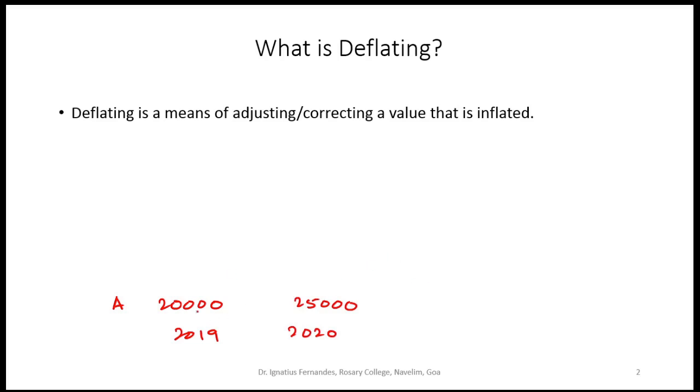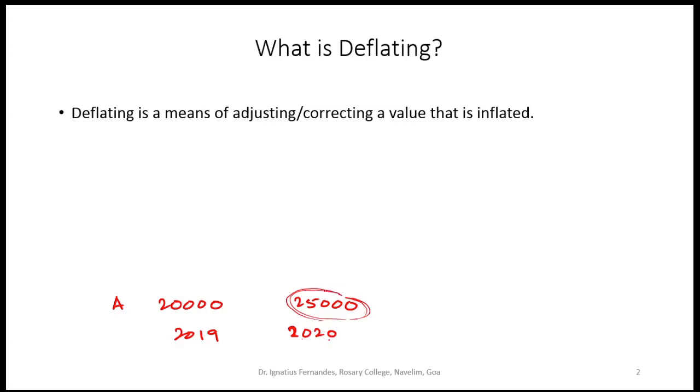While we say that his income has increased from 20,000 to 25,000, we cannot really say his actual income is rupees 25,000, because from 2019 to 2020 even the prices have changed, the inflation, prices have increased. So if I have to really find out the true income of this person in 2020, I have to also take into consideration how the prices have changed from 2019 to 2020.